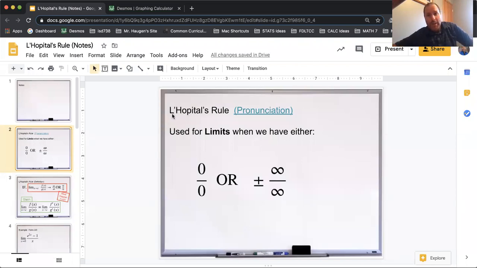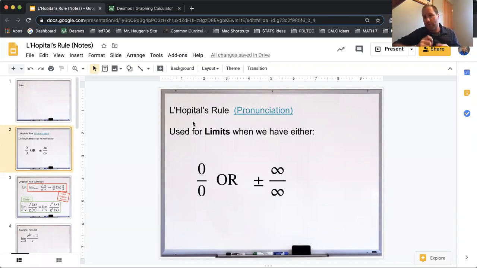It's L'Hôpital. But it's a rule, it's a way that we can use derivatives in limits, which is kind of backwards because we use limits to actually build up derivatives. And now we're going to use derivatives to help us solve some limits, right? We don't have to always use this stuff.